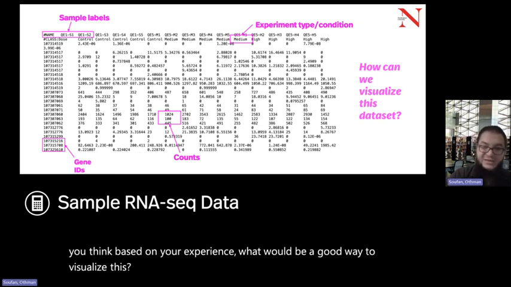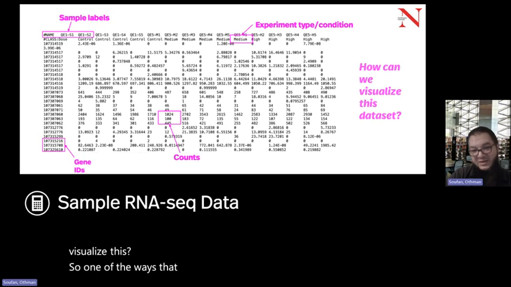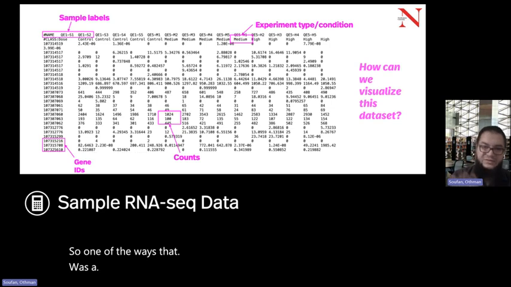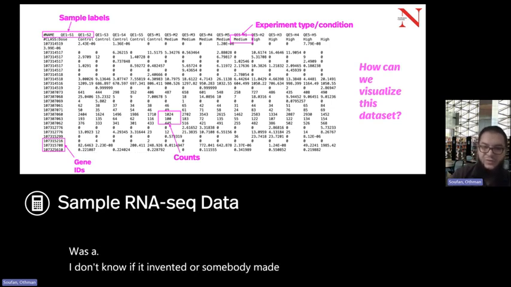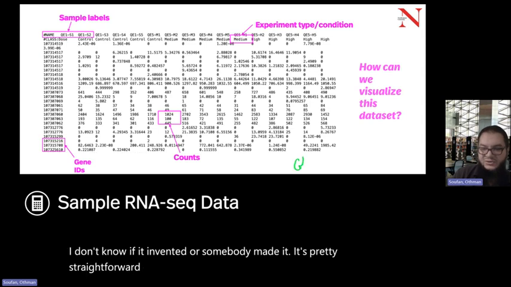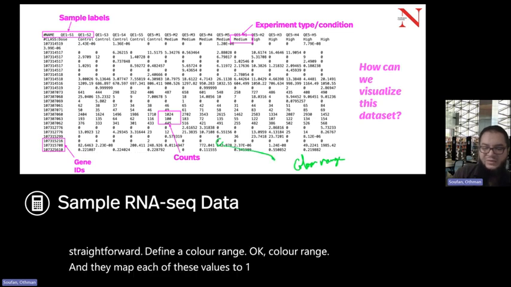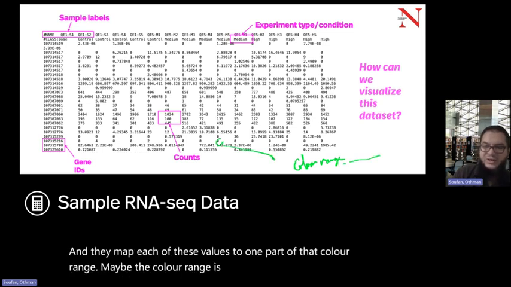So one of the ways was, I don't know if it was invented or somebody made it, it's pretty straightforward. Define a color range, and then map each of these values to one part of that color range. Maybe the color range goes from green to, let's choose, red.